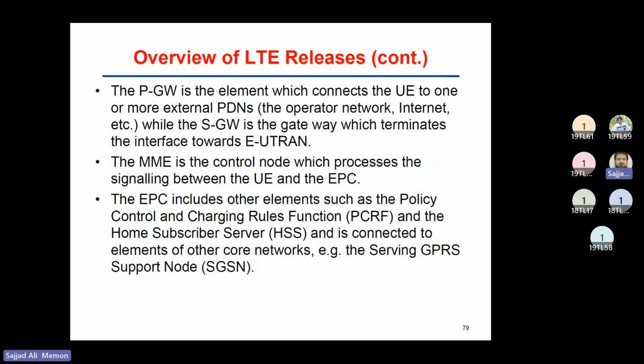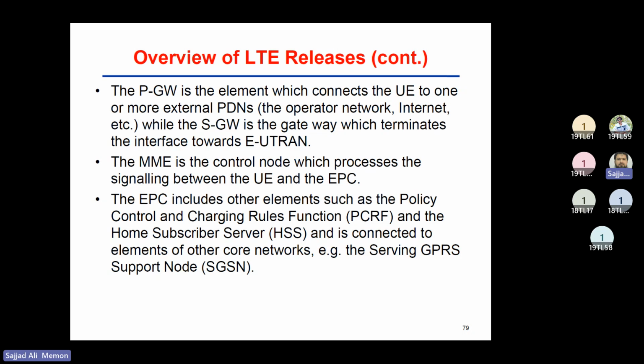The packet gateway is the element which connects the user equipment to one or more external packet data networks, the operator network, internet etc. While the serving gateway terminates the interface towards the E-UTRAN. The MME is a control node which processes the signaling between the user equipment and the EPC.